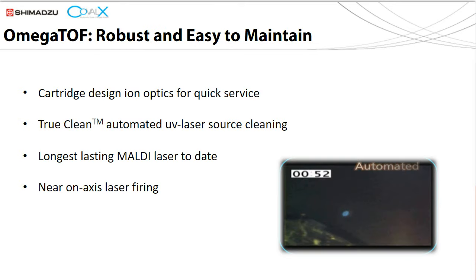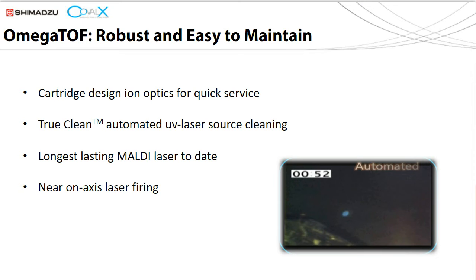The source utilized also takes advantage of the latest technology from Shimadzu. It's got all the latest ion optics as well as their TrueClean UV source cleaning option. Additionally, if necessary, the source can very easily be removed for cleaning. It has the longest lasting MALDI laser, as I mentioned, that solid state laser, so a very robust, long lasting laser.